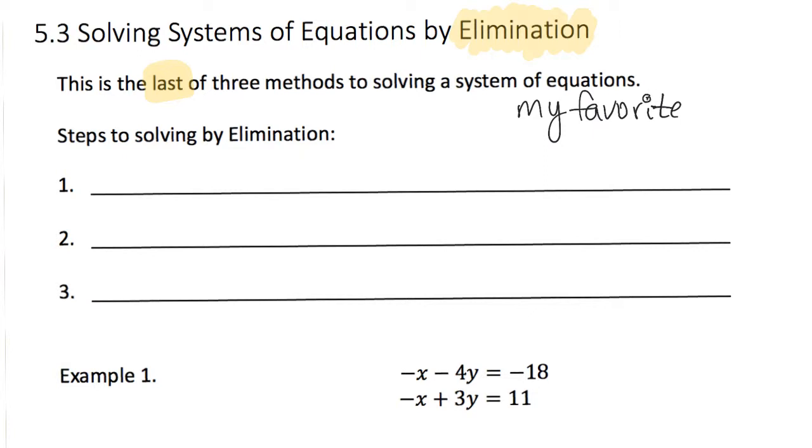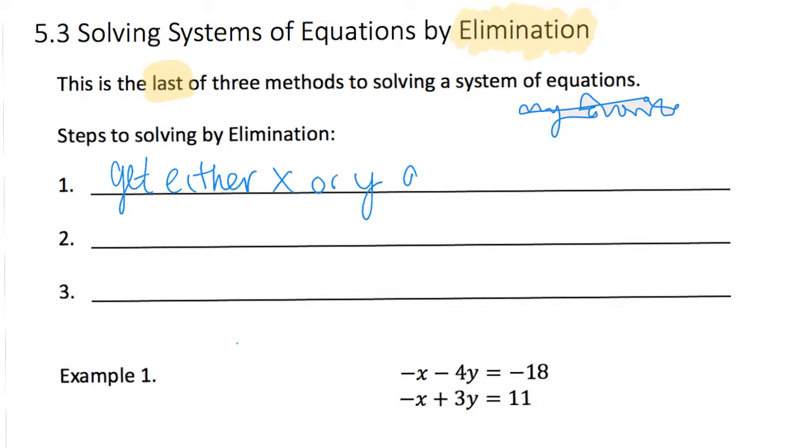So let's go over the 3 steps to solving this. Okay? So you need to get either the x or y coefficients to be opposites.